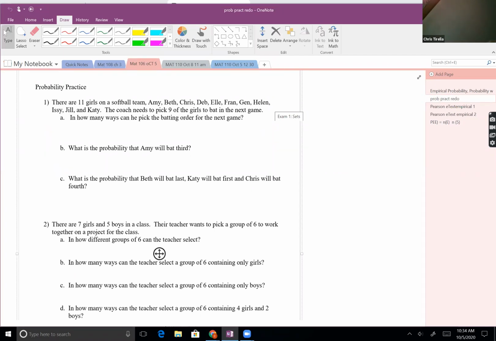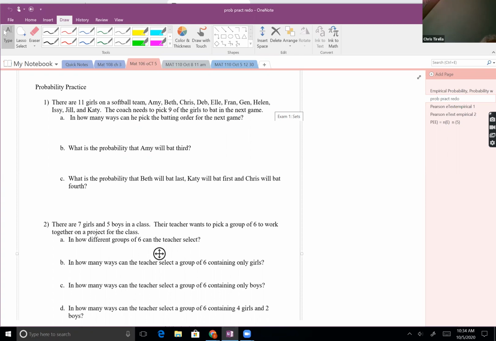First question says, there are 11 girls on a softball team: Amy, Beth, Chris, Deb, Elle, Fran, Jen, Helen, Izzy, Jill, and Katie. The coach needs to pick 9 of the girls to bat in the next game. In how many ways can he pick the batting order for the next game?